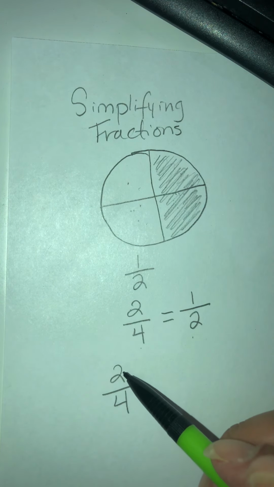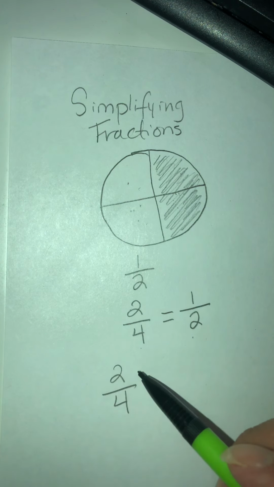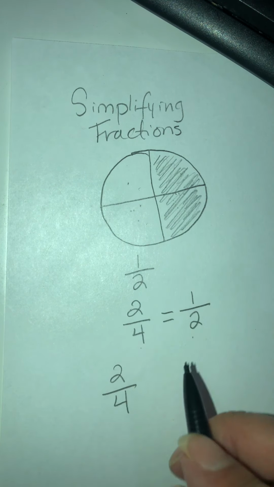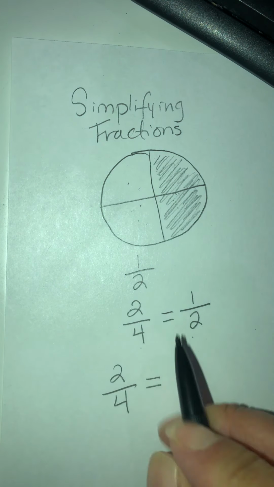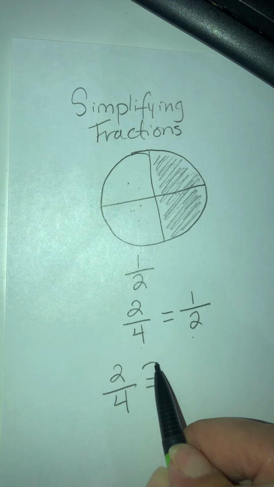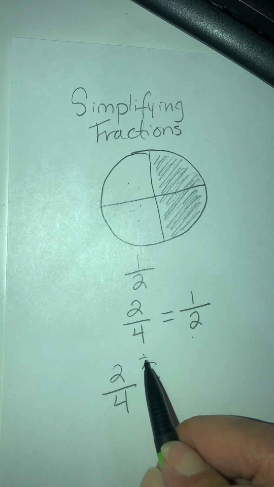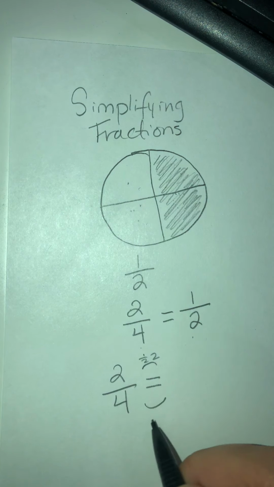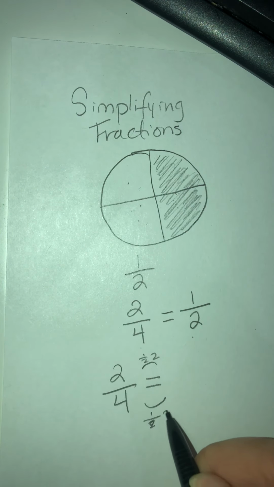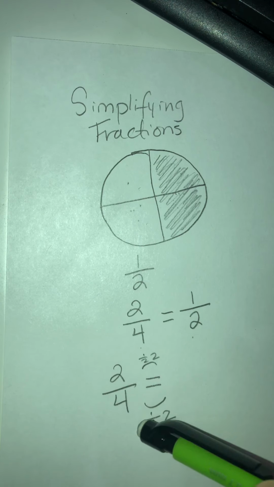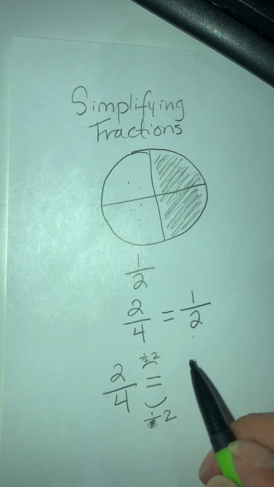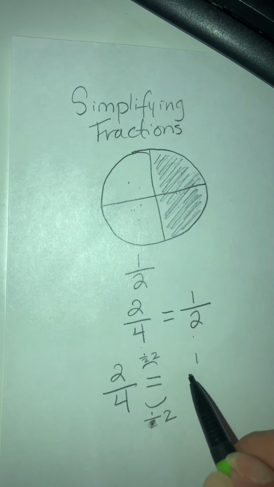Since 2 and 4 are both even numbers, we know that 2 is going to divide into both of those evenly. So we're going to take that number 2 and divide both numbers, the numerator and the denominator, by it. So 2 divided by 2 is 1. 4 divided by 2 is 2.